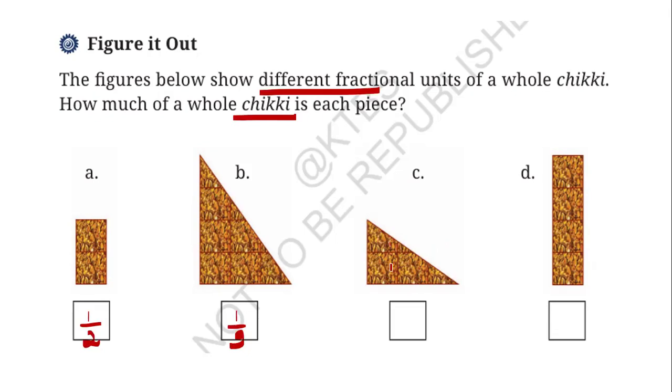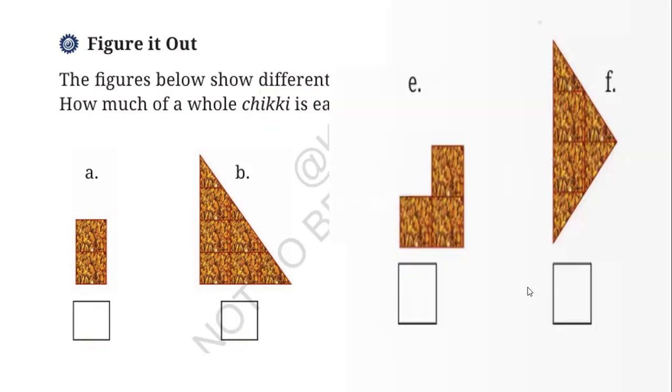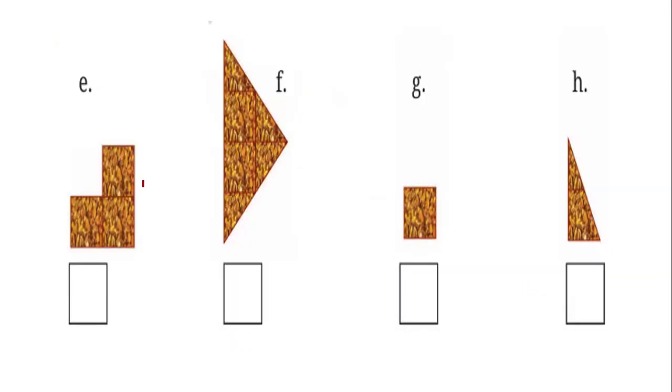1, 2, 3, 4, 5. 1 by 5. 1, 2, 3, 4. 1 by 4. This is 1, 2, 3. 1 by 3. 1, 2, 3, 4, 5, 6. 1 by 6.